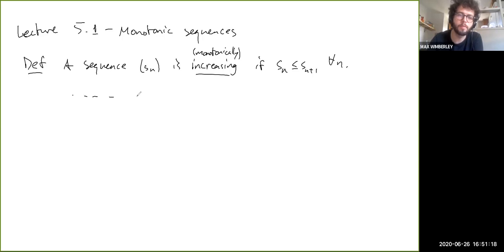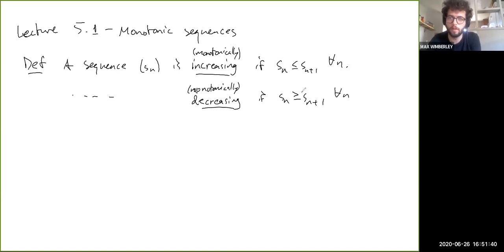And then the same thing is true, but monotonically decreasing if Sn is greater than or equal to Sn plus 1 for all n.